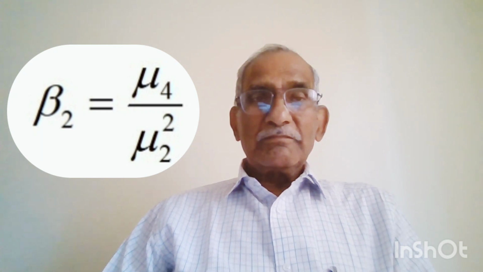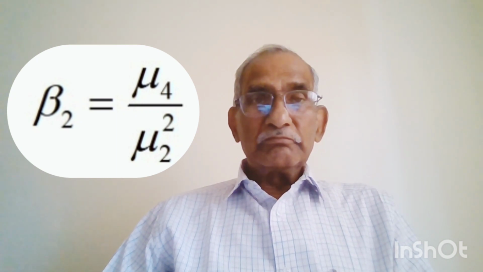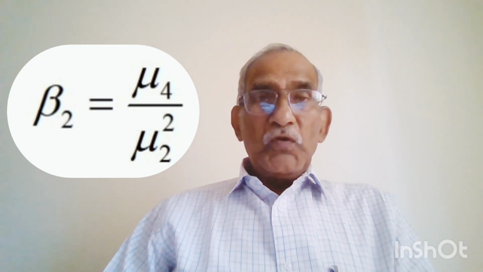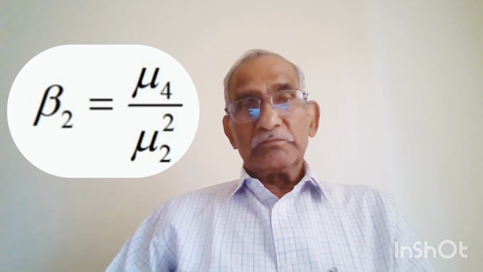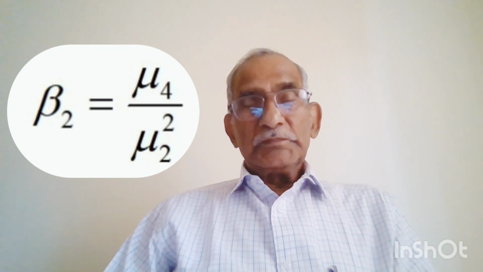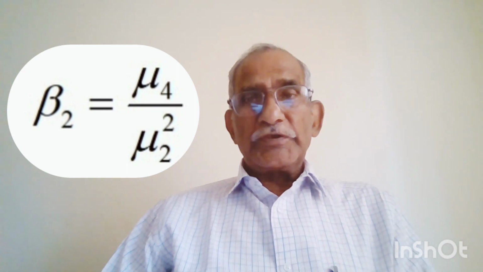Similarly, in the numerator of beta 2, mu 4 has the fourth power of unit. And in its denominator, mu 2 square has also the fourth power of unit.